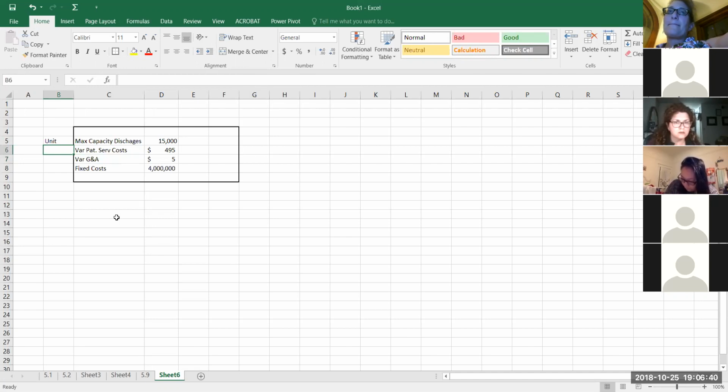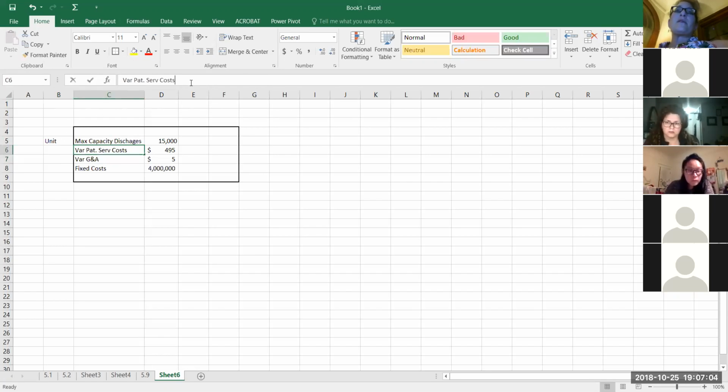Well, the rate is something that's going to be per unit. It's like a price at a grocery store. That's like your cost per unit. So when you look at this patient services cost, it's called variable patient services costs, and I think the way the book describes it is per discharge.